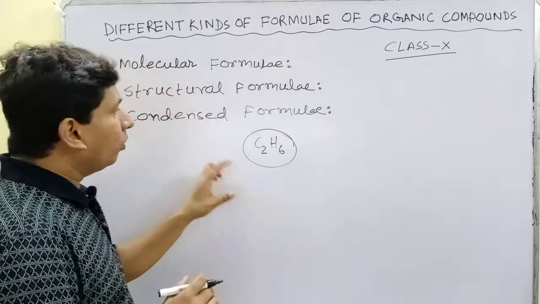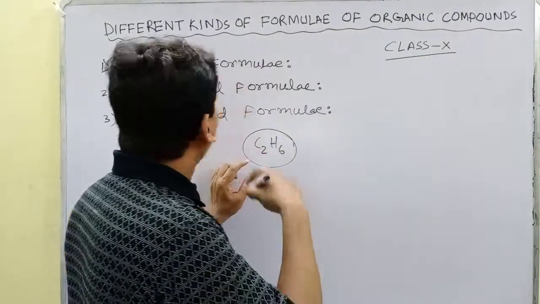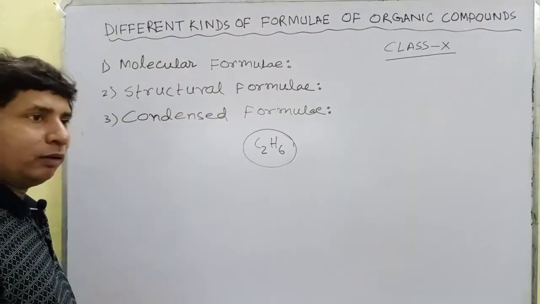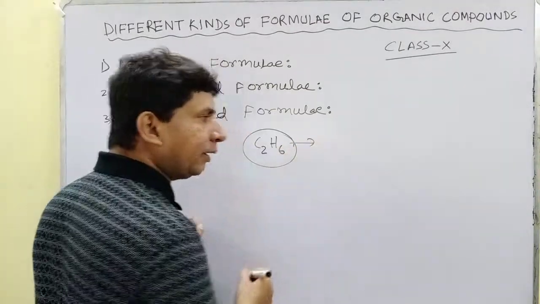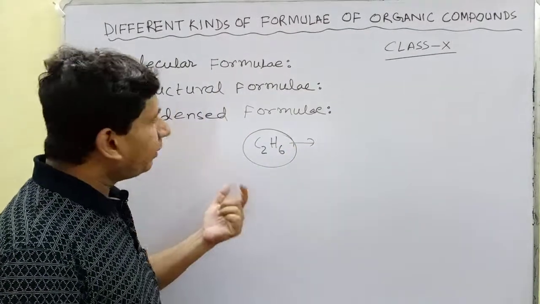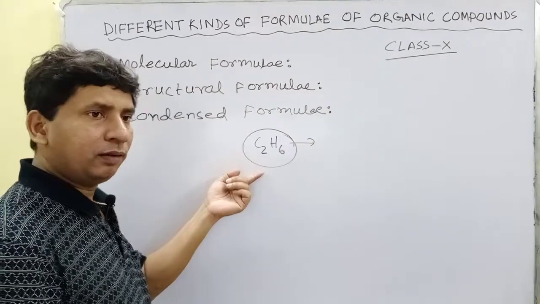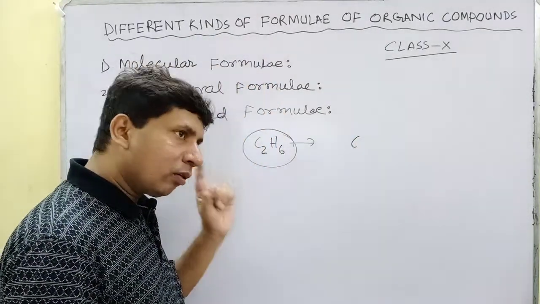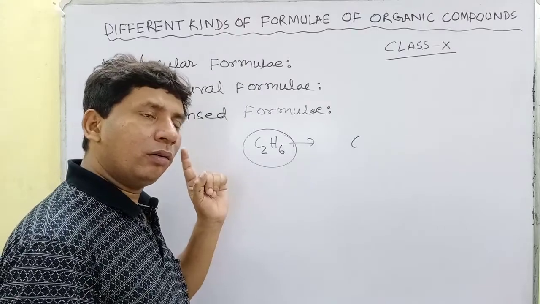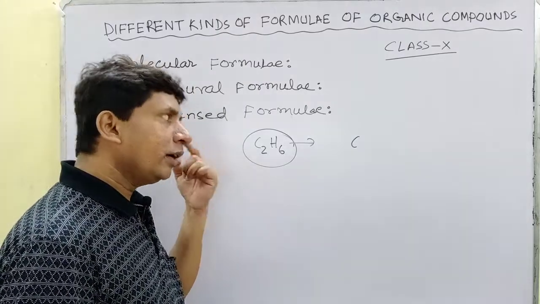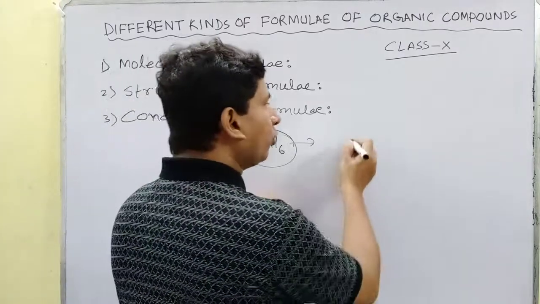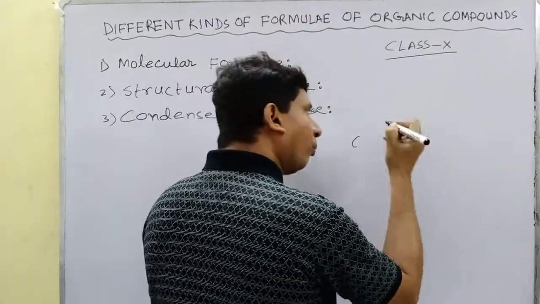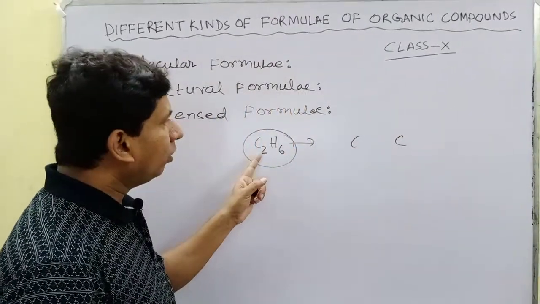So what is the structural formula? If it is ethane, then we can write the structure of ethane. How? We know that carbon has valence 4, so it will form 4 bonds.